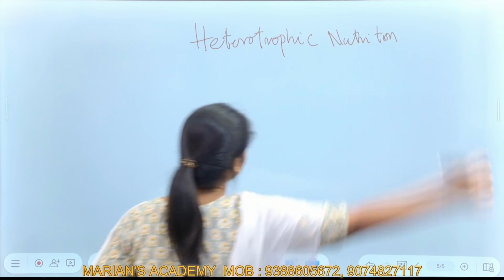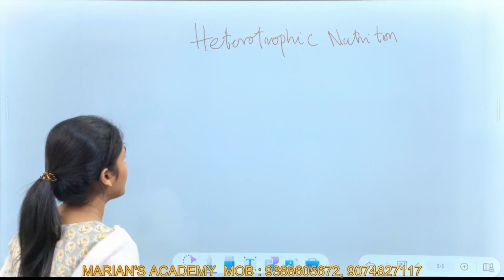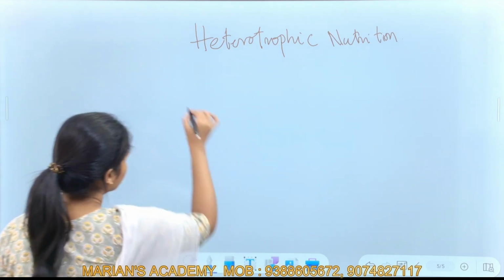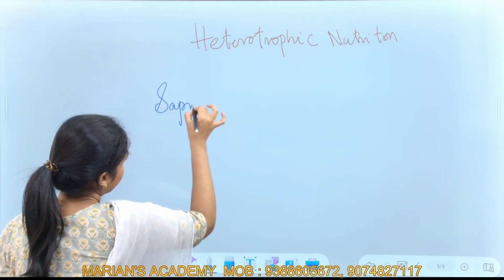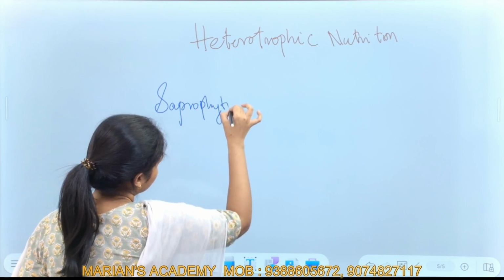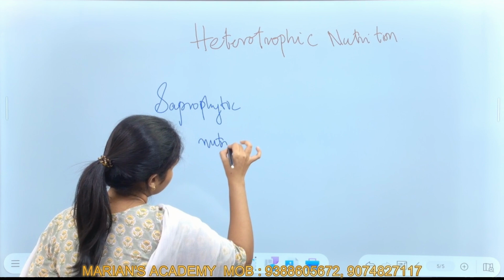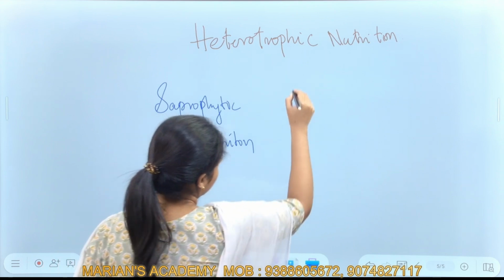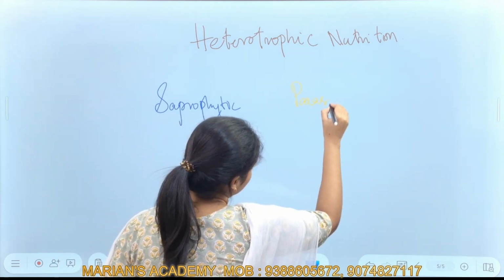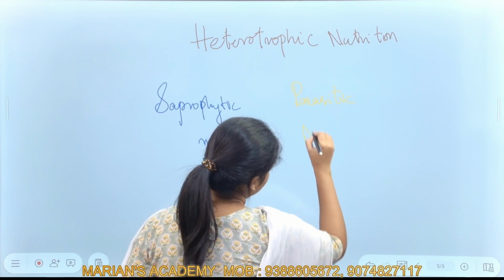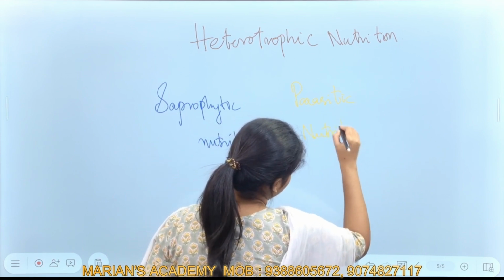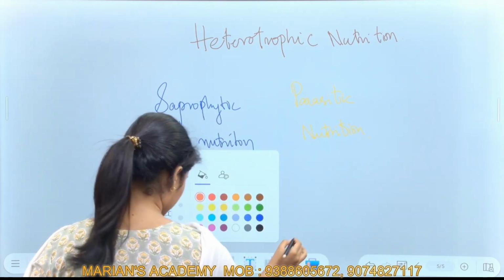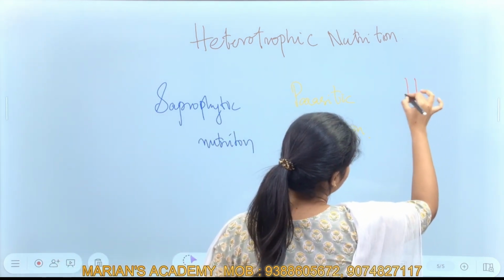Okay, heterotrophic nutrition. Okay, this can be divided into saprophytic nutrition, then parasitic nutrition, then the final one is holozoic nutrition.